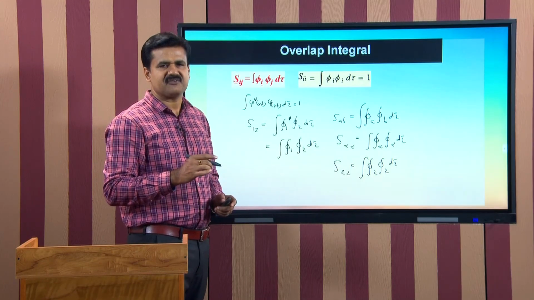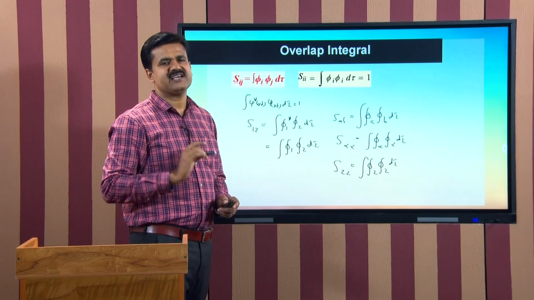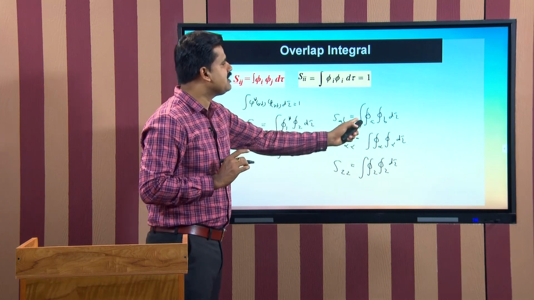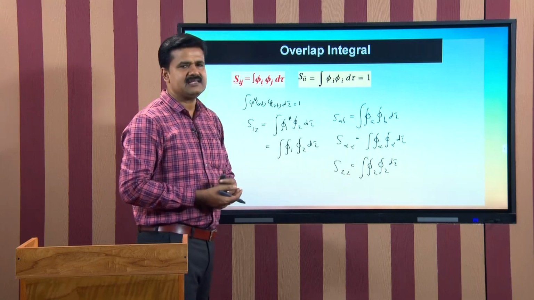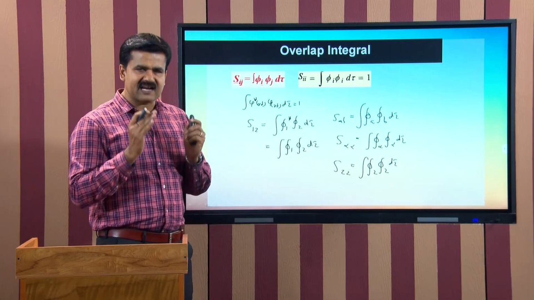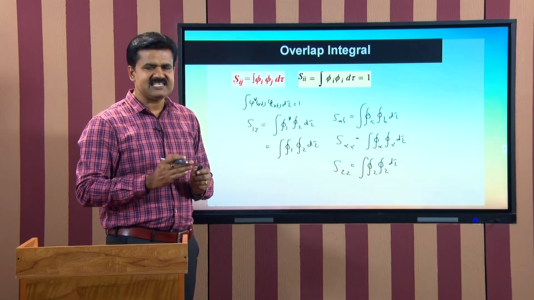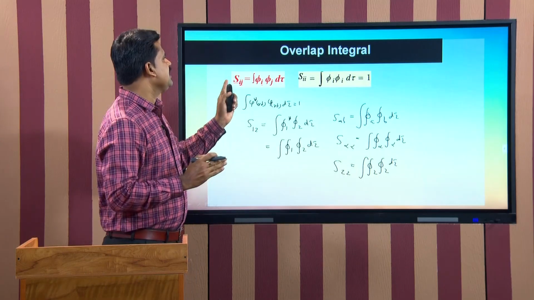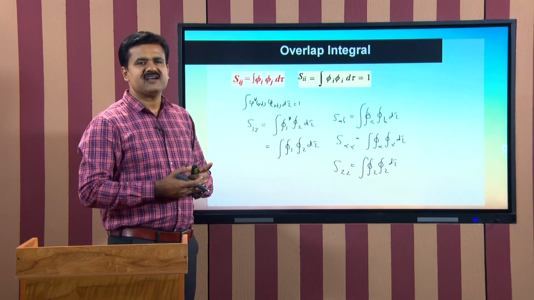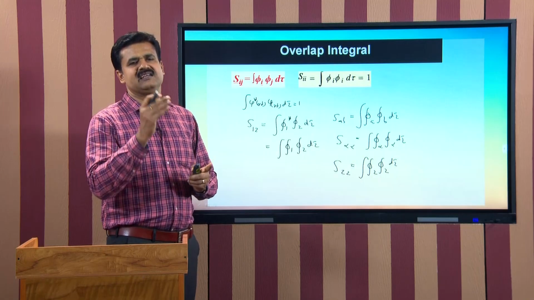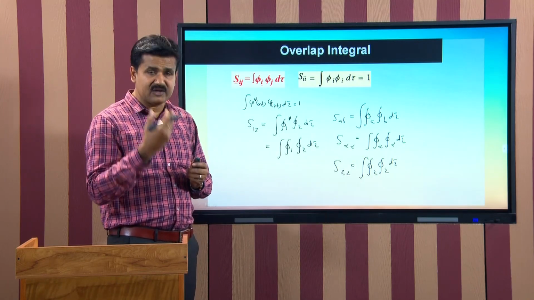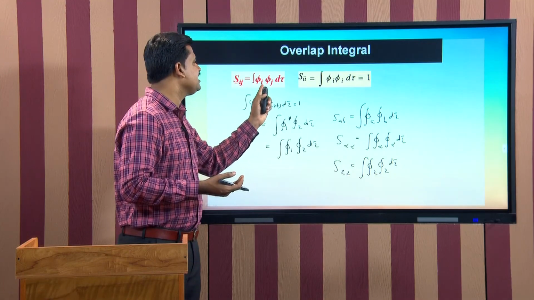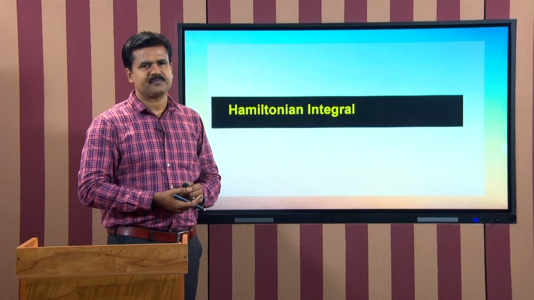For a real function, phi I is the same as phi I star. Hence, SAB is equal to this one, S alpha alpha is equal to this expression, and S22 is like this. Thus, the overlap integral is a quantity that represents Sij equal to integral phi I phi j d tau, and it is the quantification of overlap between two wave functions, namely phi I and phi j.